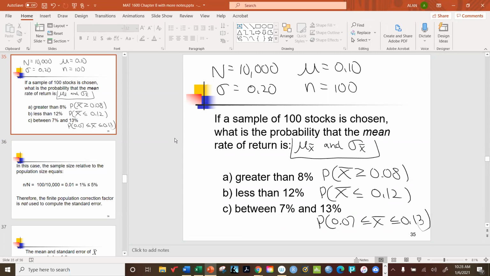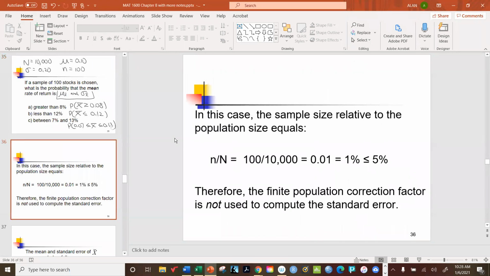Now, in order to do those two numbers, the first thing we want to do is make sure we know whether or not this is a large or small sample. So the ratio of the sample size to the population size is 1%. And that means that we have a small sample.